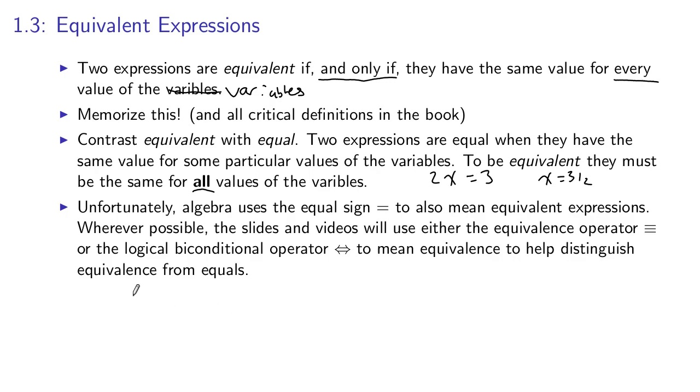For instance, your book will write someplace, perhaps, x times x equals x squared. This is actually a statement of equivalence. x times x is equivalent to x squared. In other words, they have the same value for all values of the variables.